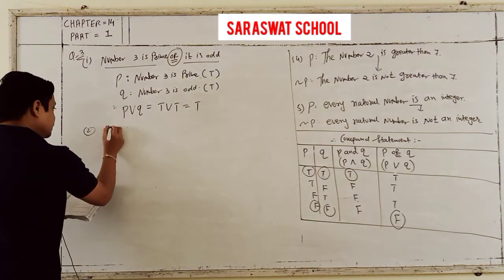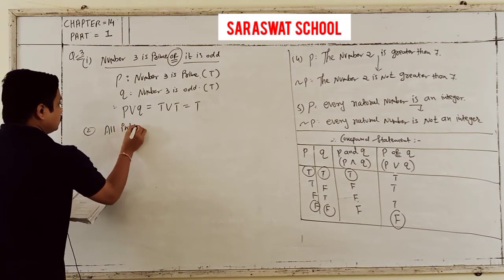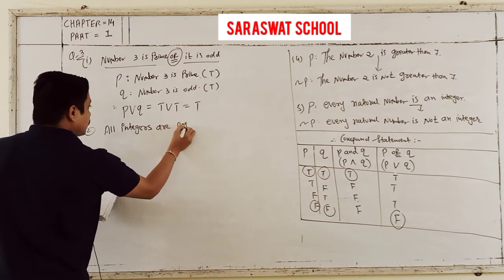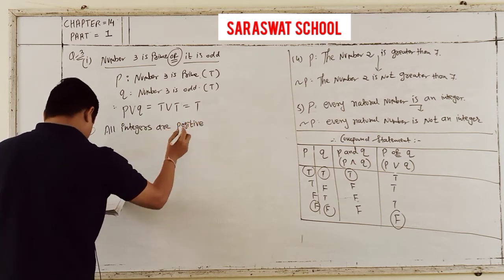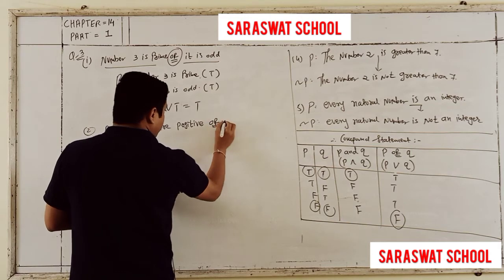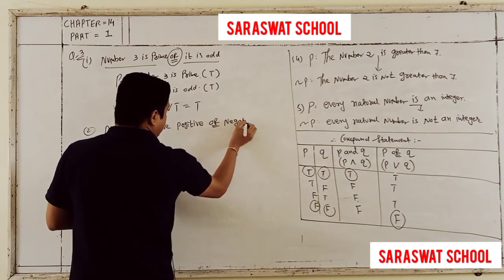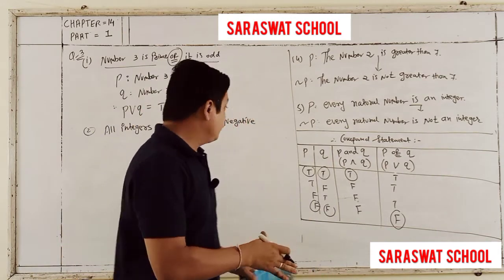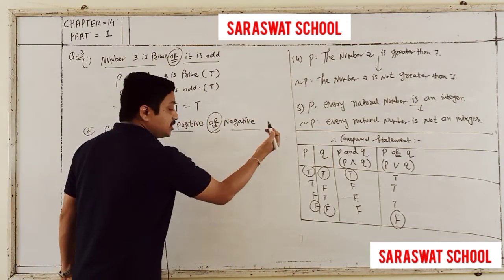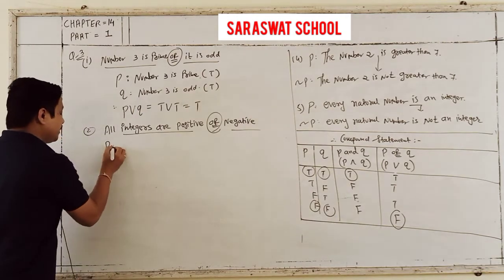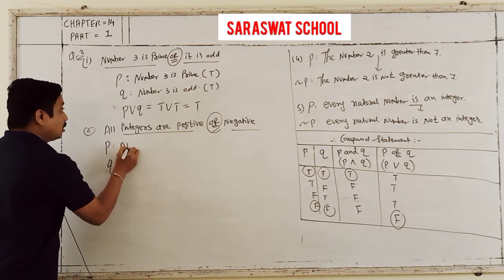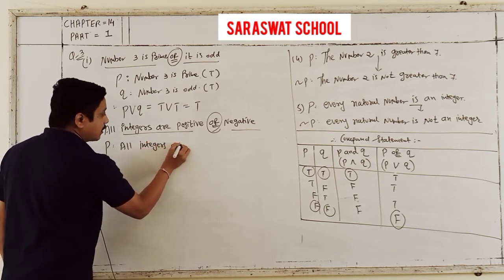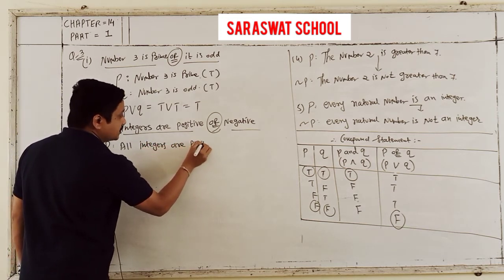Now second, all integers are positive or negative. These or are the compound statement with this P and that Q. So I will write down P and Q. P: all integers are positive.